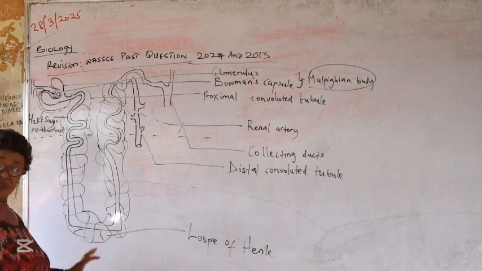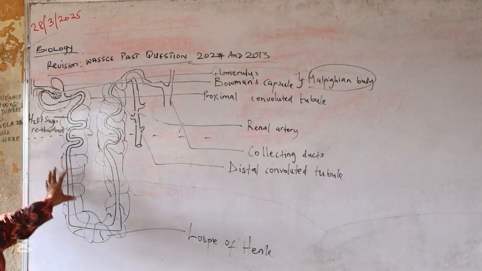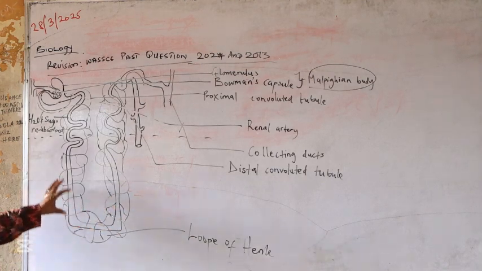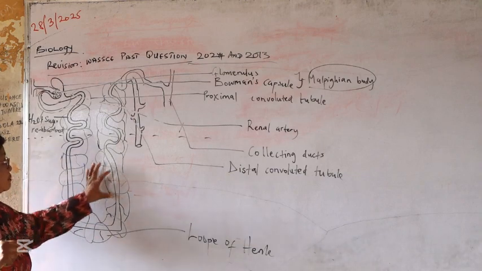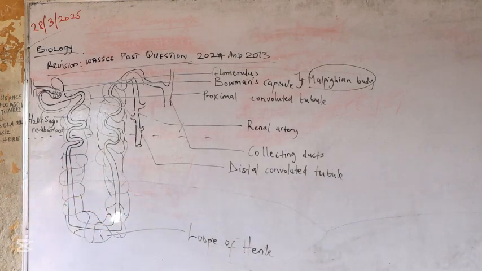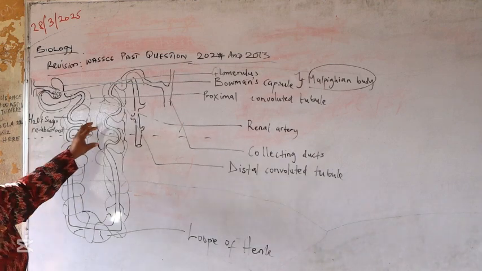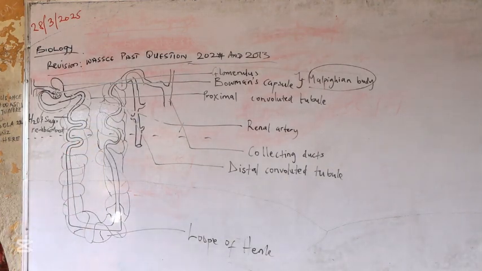The plasma solutes and amino acids are reabsorbed together with water at the loop of Henle. Now this continues into the ascending limb. When it gets to the distal convoluted tubule, which is another part whose function you were asked to find out, selective reabsorption occurs there as well.